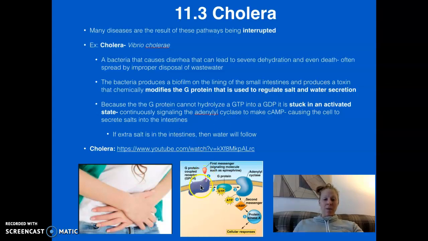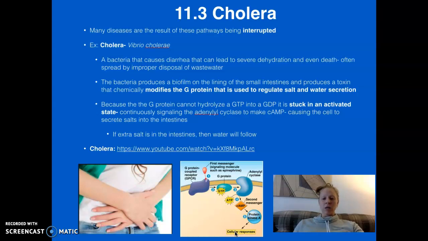So here, if we're looking at this cycle again, what's happening is that the G protein cannot hydrolyze the GTP into a GDP. So remember that the GTP becomes a GDP and it deactivates the enzyme, in this case the adenylyl cyclase. So because it cannot be in the deactivated form, it doesn't turn off. This pathway continues going and it continues to elicit this cellular response.